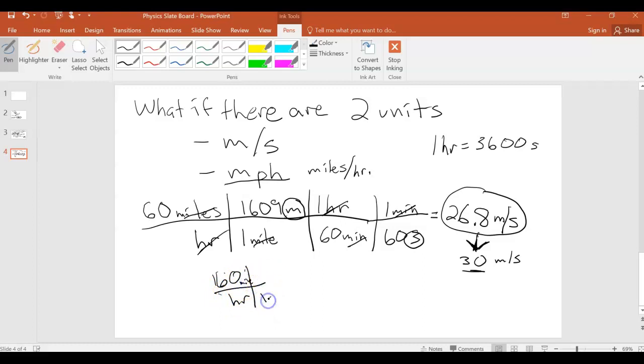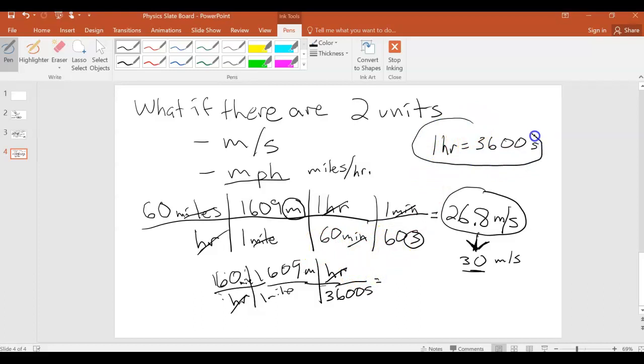And then again, you had 1 mile, 1,609 meters. And then here, you would just go hour again. That would cancel, and then you would just use that conversion. There's 3,600 seconds. That way you're just saving a step. And again, if you can convert some of these conversion units throughout the year, it's just easier to deal with.